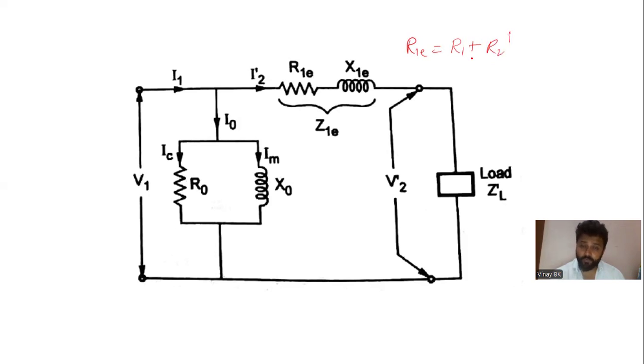If you are writing in the form of 2E, how will you write R2E? R2E is nothing but R2 plus R1 dash. The equivalent circuit referred to primary winding is 1E; if it is referred to secondary winding, that is 2E.